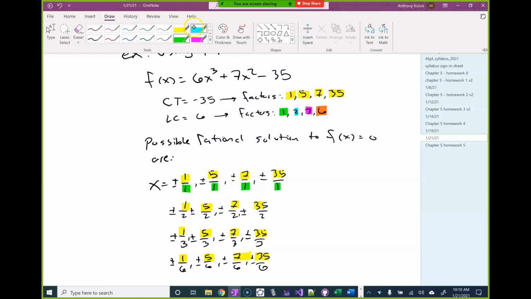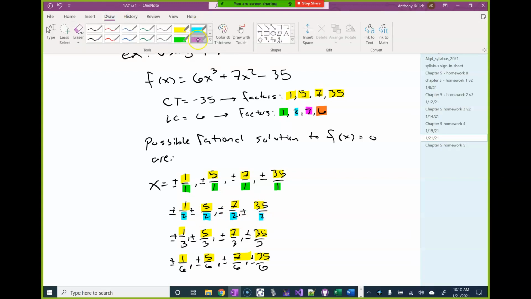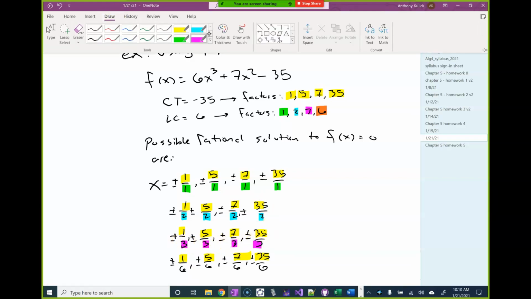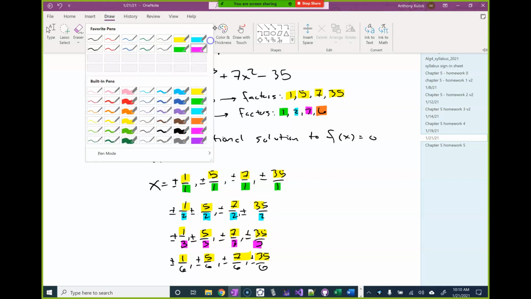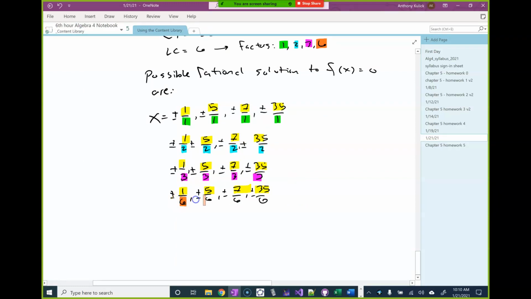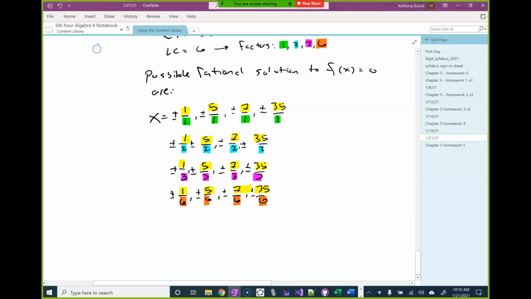All right, so let's put all these ideas together now into a coherent method. Let's say we're asked to factor completely x cubed minus 19x minus 30.